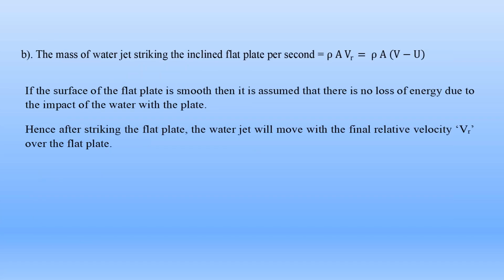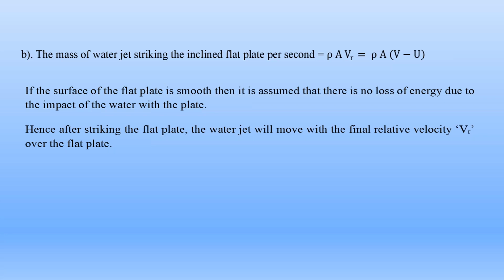Then the mass of water jet striking the flat plate per second. Since the water jet strikes the plate with relative velocity, the mass of water jet striking the inclined flat plate per second is equal to rho A into VR, that is rho A into (V minus U). We assume the surface of the plate is smooth, so there is no loss of energy when the water jet strikes the plate.